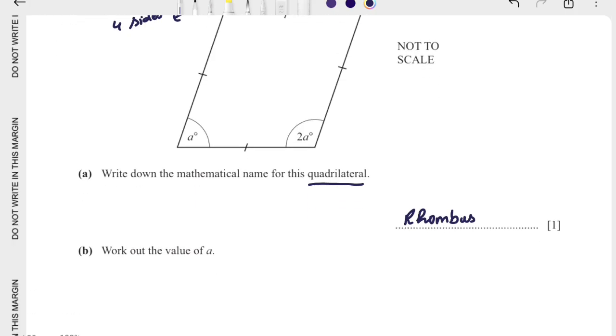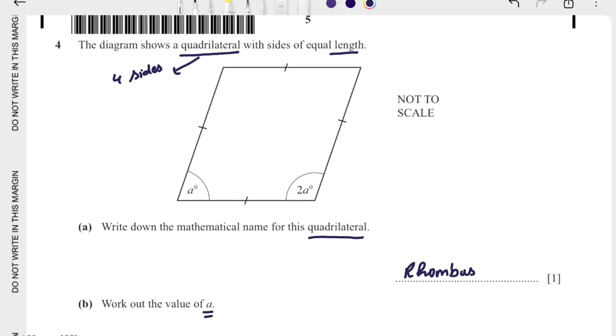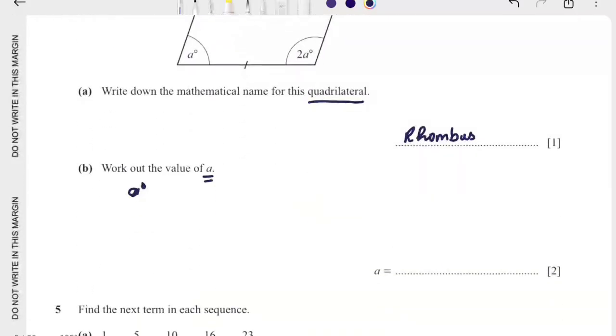Part B, work out the value of A. So remember, the opposite angles of a rhombus are the same. So here would be A and here would be 2A. So we know that the sum of angles of a quadrilateral is equal to 360 degrees. So we can form one equation, that is angle A plus angle A plus angle 2A plus angle 2A is equal to 360 degrees.